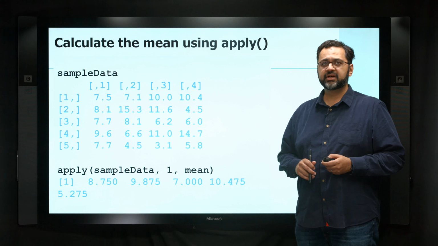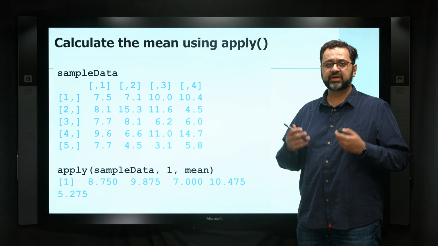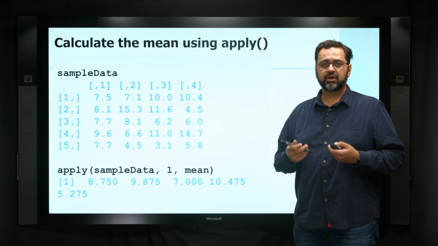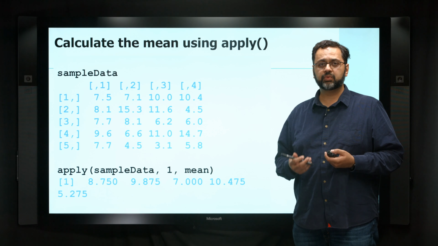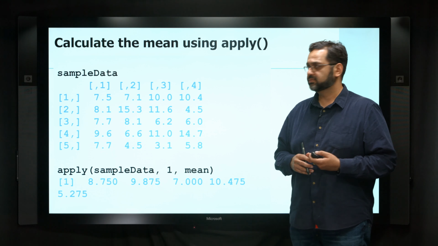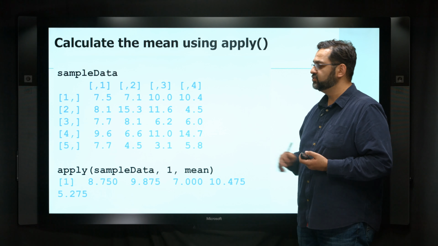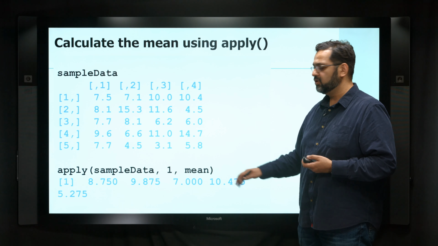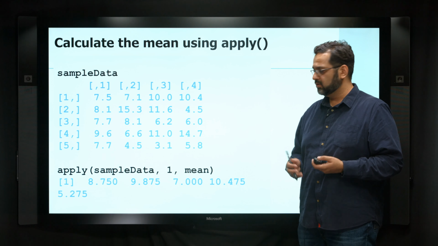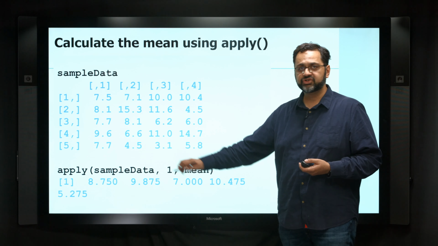Okay, so let's continue on this idea of calculating the average for every row. In this case, instead of looping through it, we're going to actually use an apply function. Again, just to remind you, this is our sample data, and now to perform this mean function on every row, we simply use the apply function.